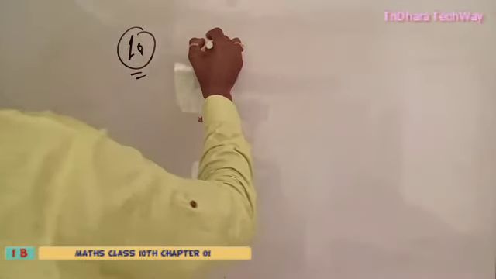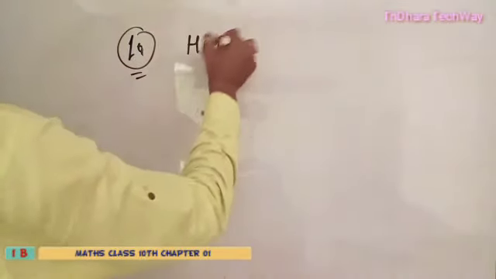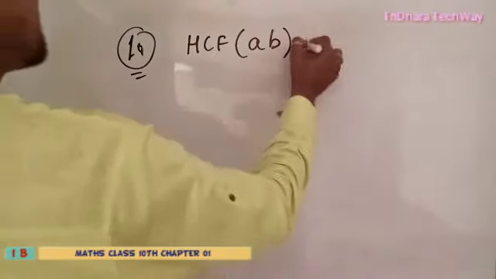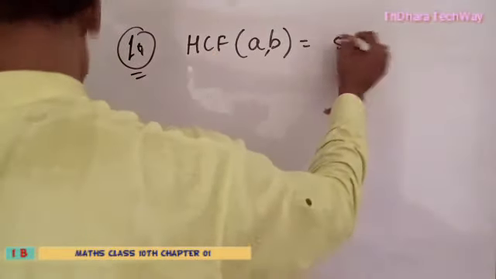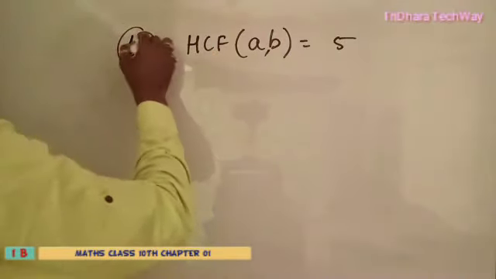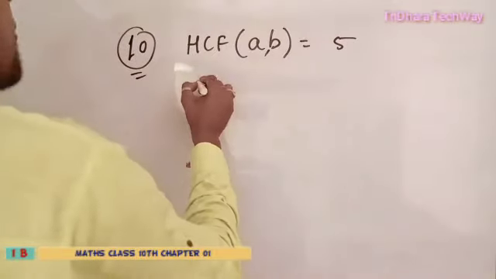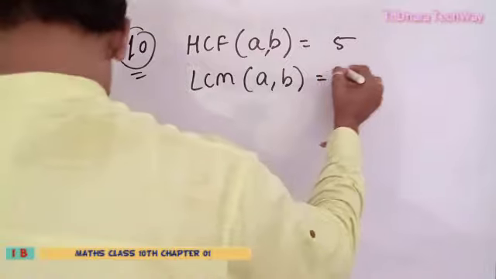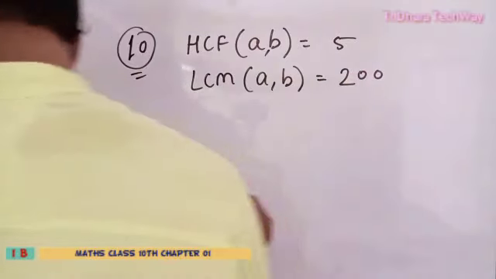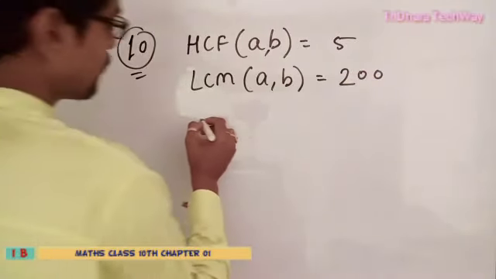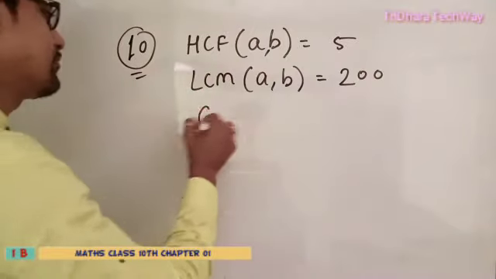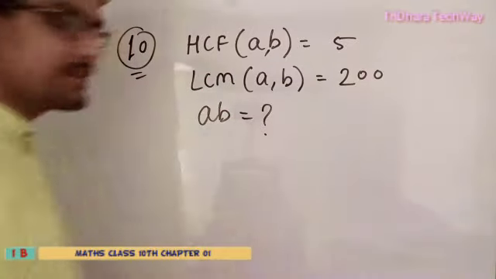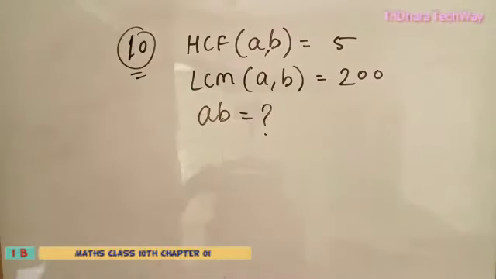HCF of A and B is 5. LCM of A and B is 200. Find AB. Find AB means, whenever you multiply A into B, what will be the answer?